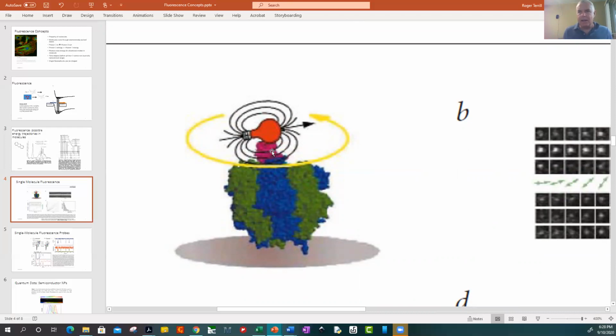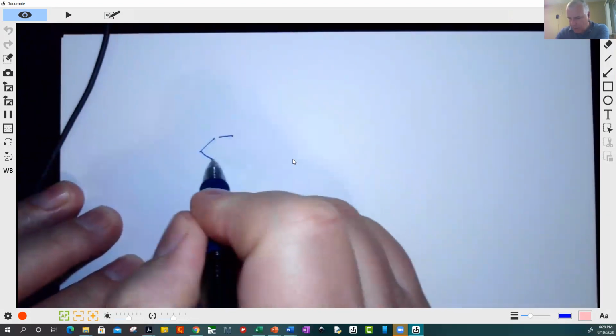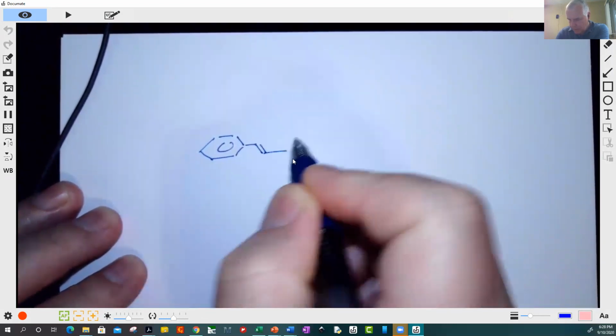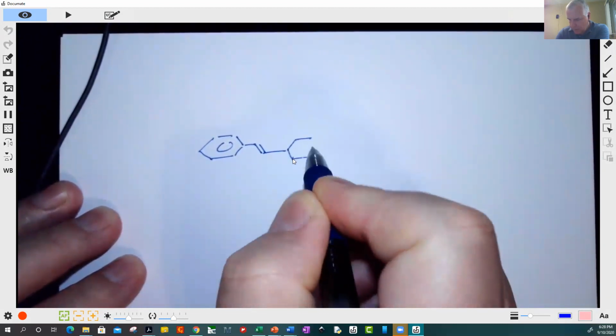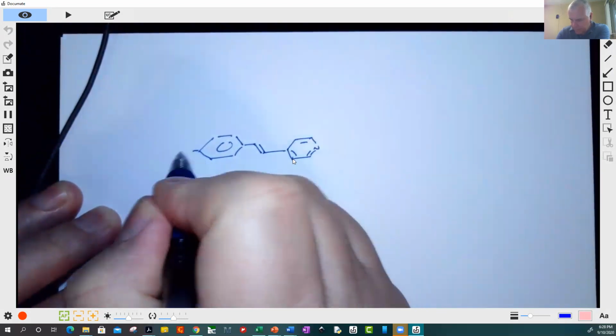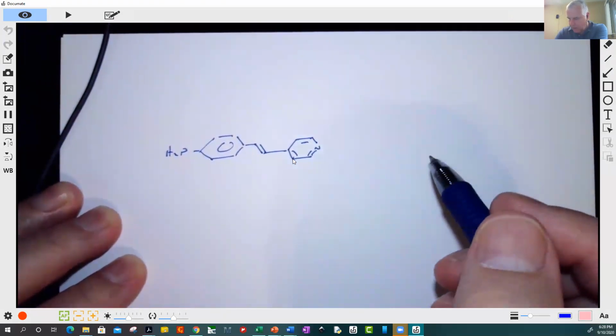So for example, there's a class of dyes called stilbenes. I think this is stilbene, trans-stilbene, right?